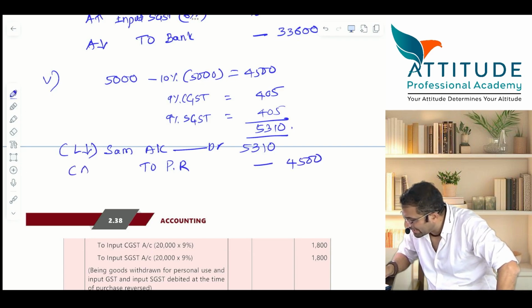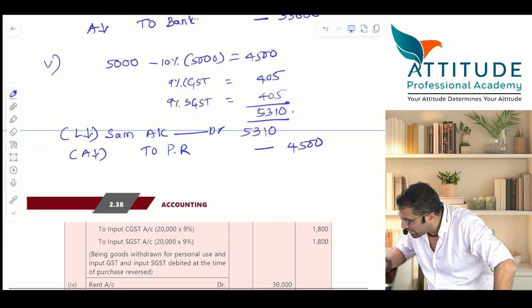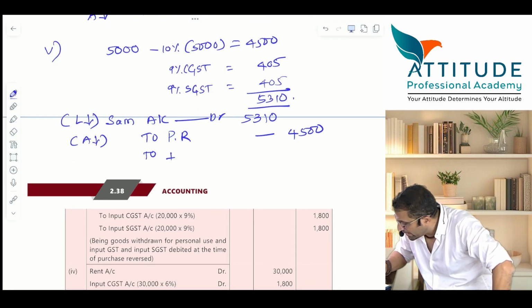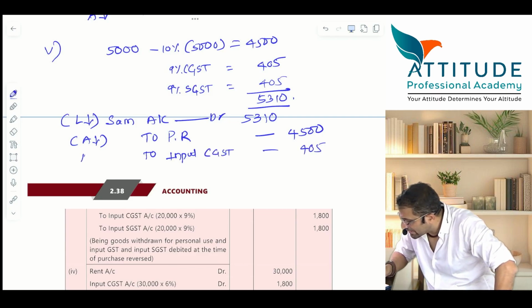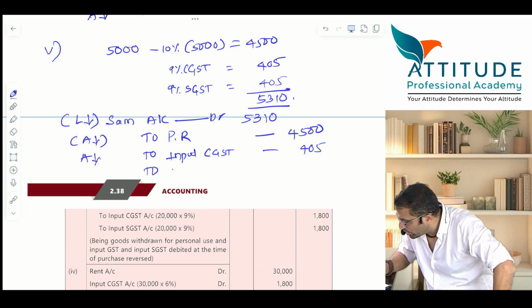4,500. Here asset reduces. Then input CGST kitna? 405. Asset reduces. And again input SGST reversal.